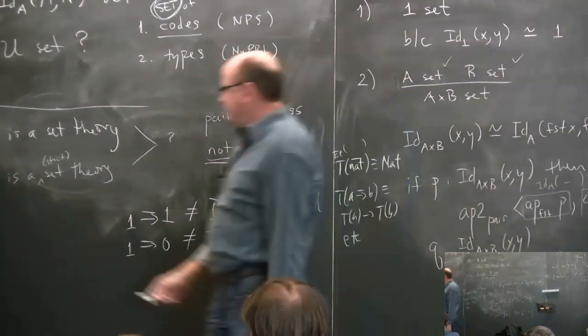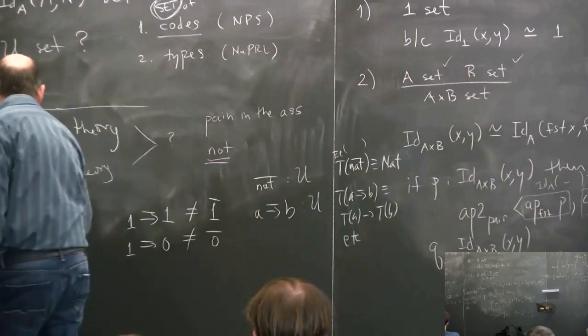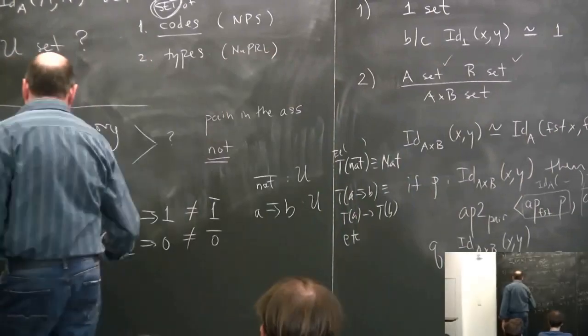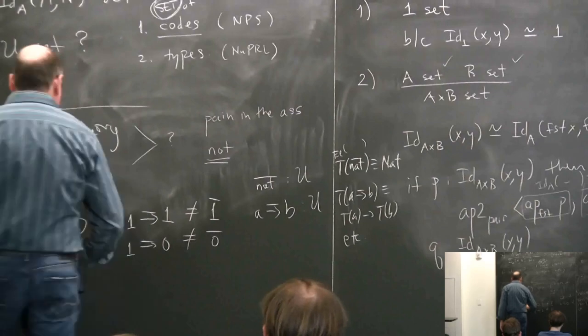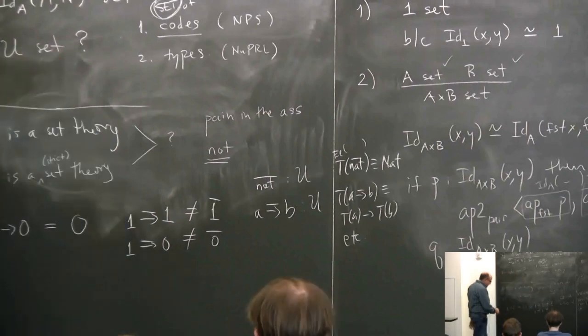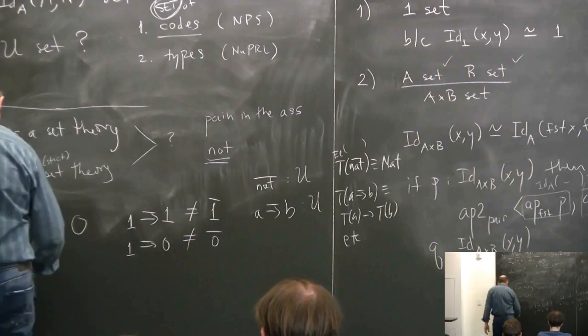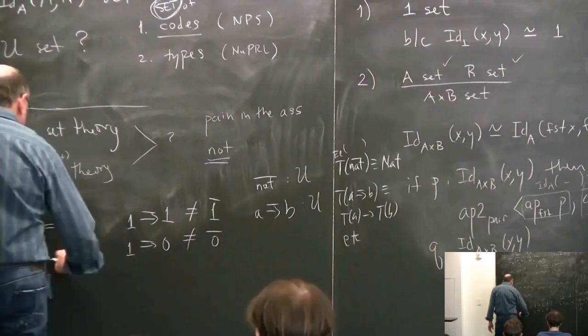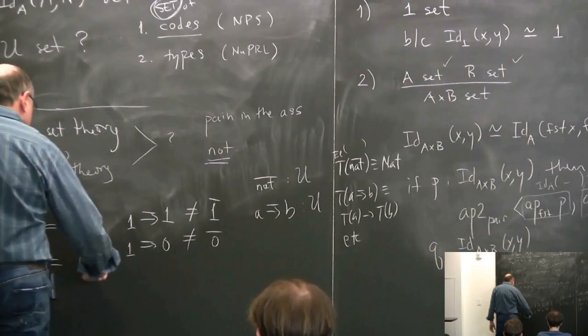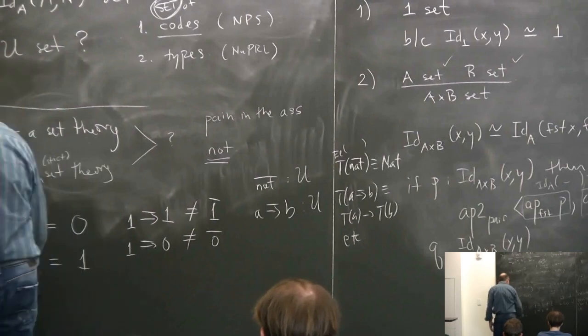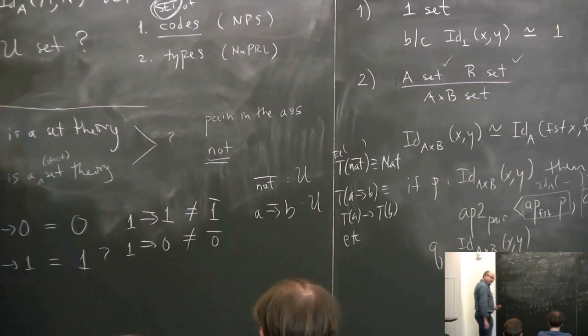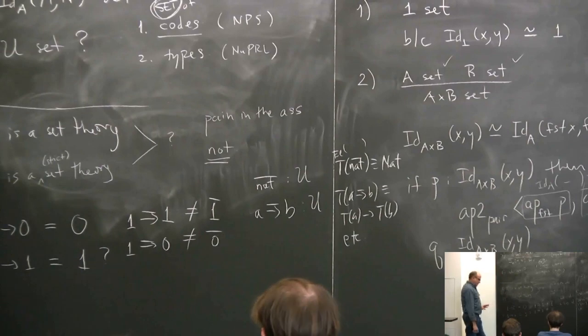In that case, you would say, in something like NuPRL, 1 arrow 0 actually is equal, in some sense, to 0 as sets, meaning that every element of here is an element of here and vice versa, or that 1 arrow 1 could be construed as equal to 1. Well, maybe. It depends on the actual details of the encodings of PERs and so on.